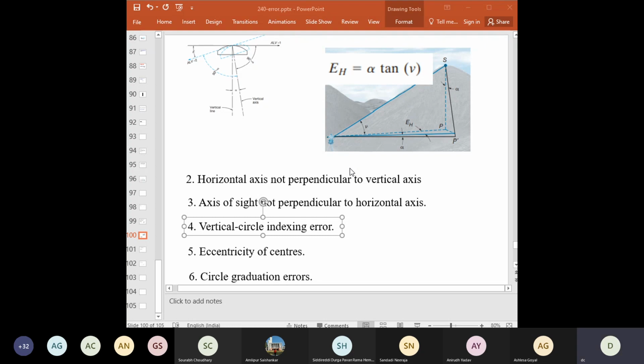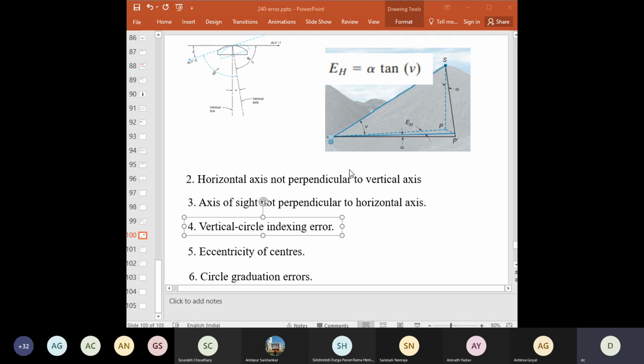And the value of indexing error is then computed by the firmware in the microprocessor, stored, and automatically applied to any further angular readings captured using the same setup and the same instrument during the field survey.